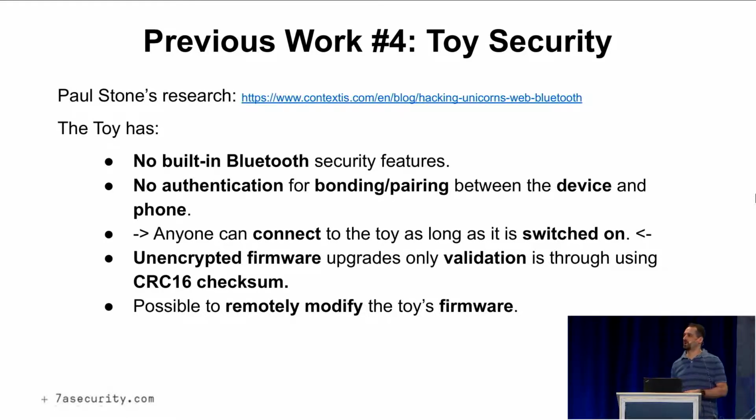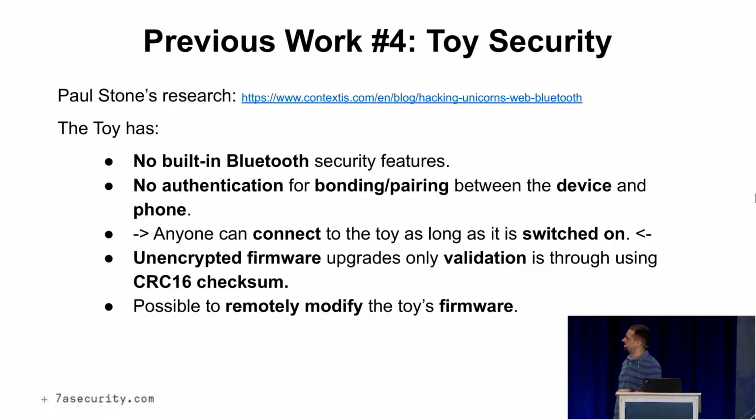Now, what happens with the toy, right? Because the toy uses Bluetooth Low Energy, so what could be going on there? There was this guy called Paul Stone, and he actually reviewed the toy in a lot of depth. He found that all the Bluetooth security features were not used. There was no authentication in the pairing between the device and the phone.